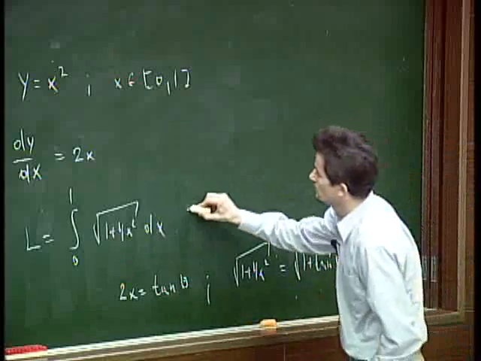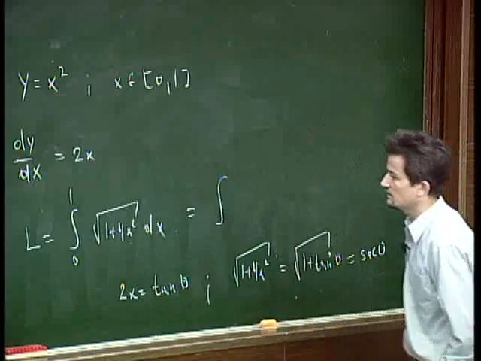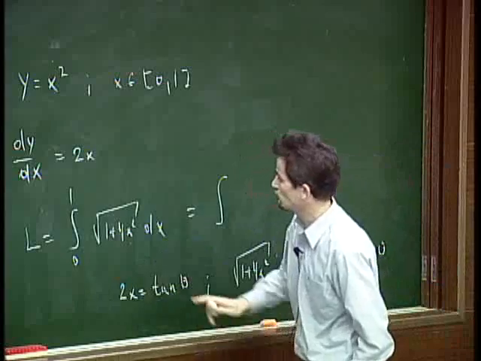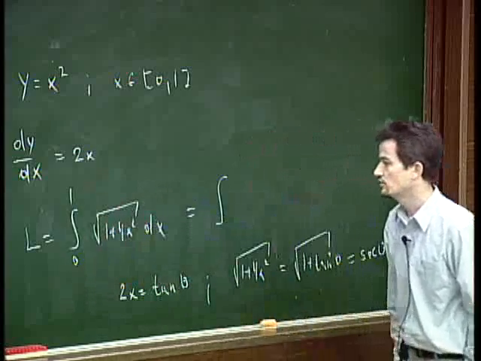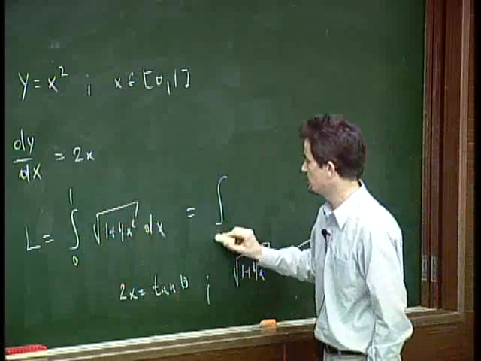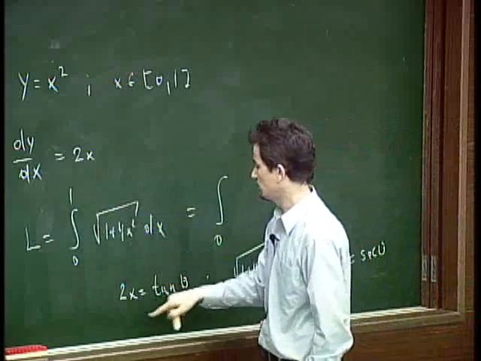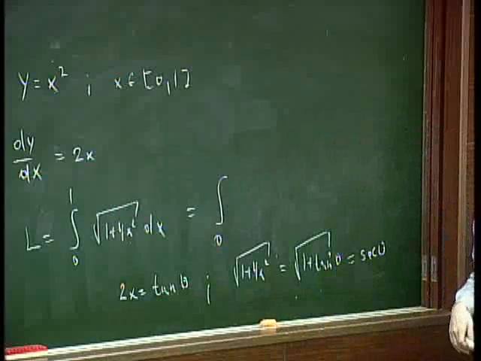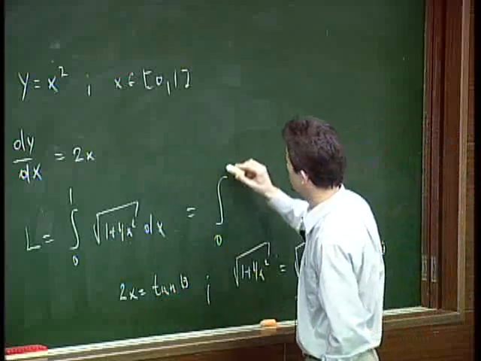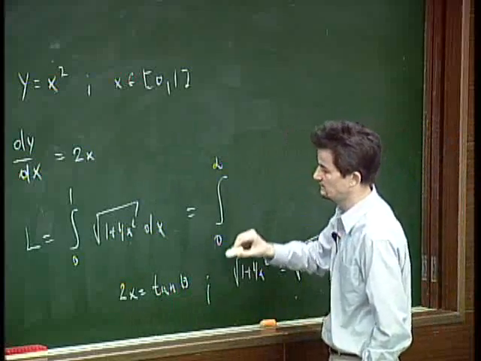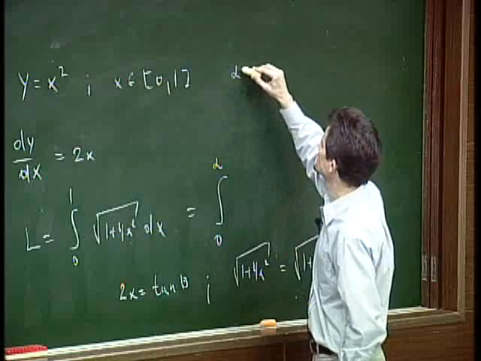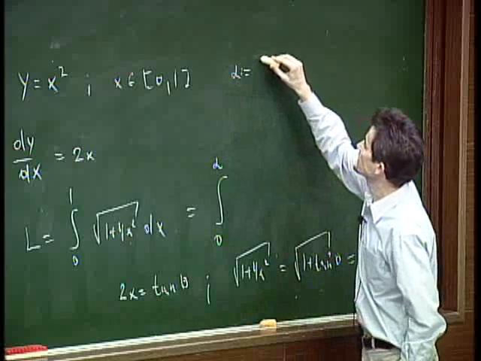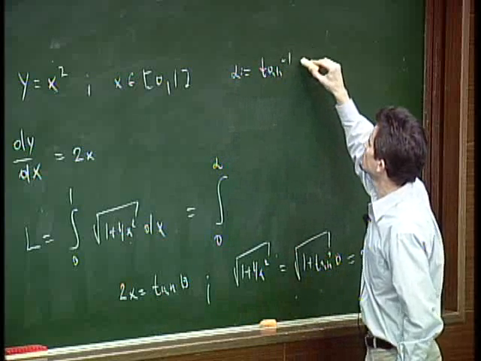Now we also have to transform the boundary. If x is equal to 0, theta must be equal to 0. If x is equal to 1, what we have is the inverse tangent of 2. We cannot express this as a beautiful number, so we just write this as alpha. So alpha is by definition the inverse tangent of 2.